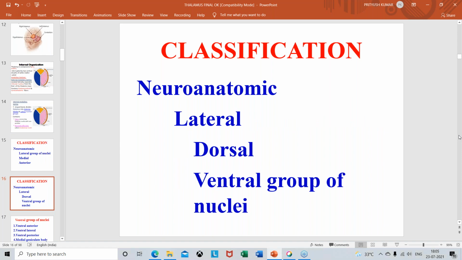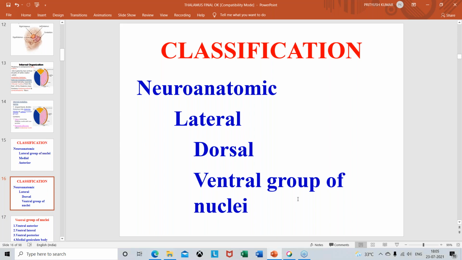Now there is a further classification of the lateral. Lateral is further divided into dorsal and ventral groups of nuclei. Initially we had divided into lateral, anterior, and medial.